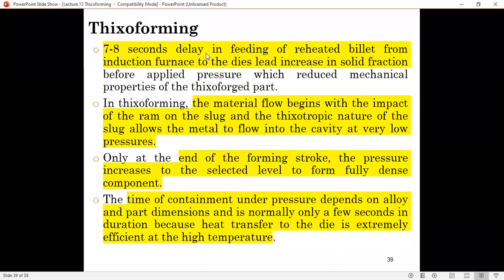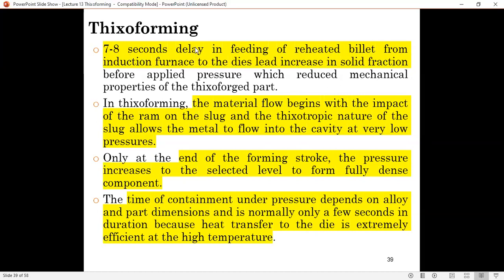Basically, you cannot have too much delay between the reheating of the billet and actually forming it, either casting or forging. Right?